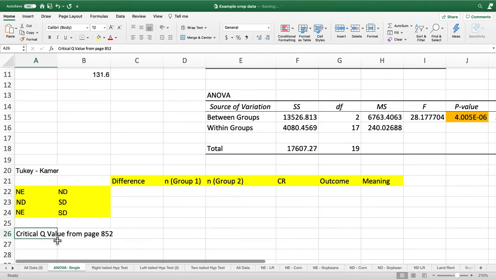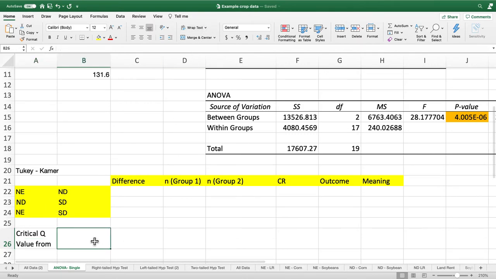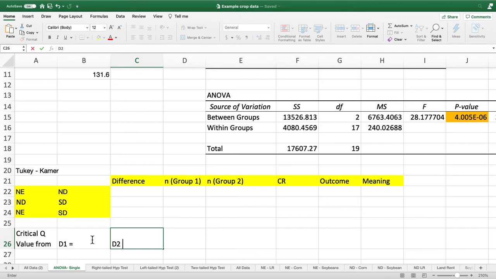So what we're trying to figure out is what that Q is. And in order to determine that, we need to find out what our D1 and D2 are equal to, to find that Q so that we can use that table.